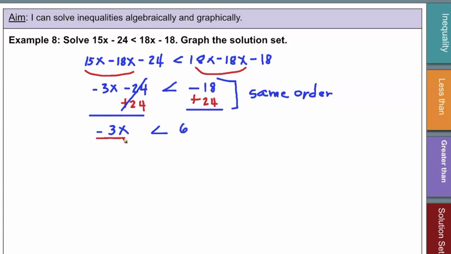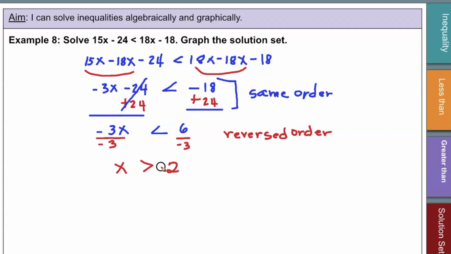Negative 3x less than 6 divided by negative 3. The order is reversed because we are dividing each side by the negative number 3. This should give us x greater than negative 2.